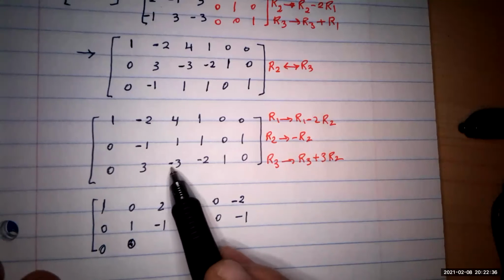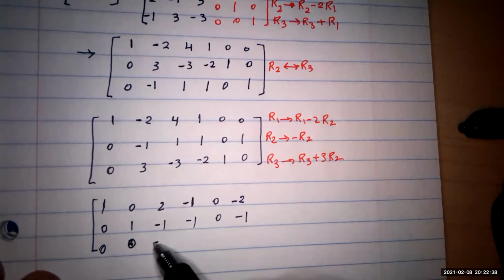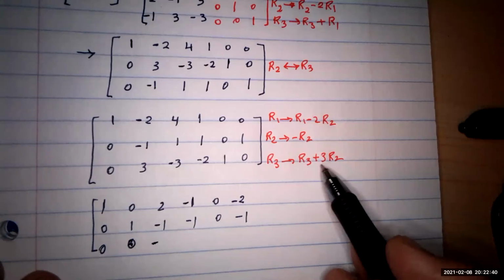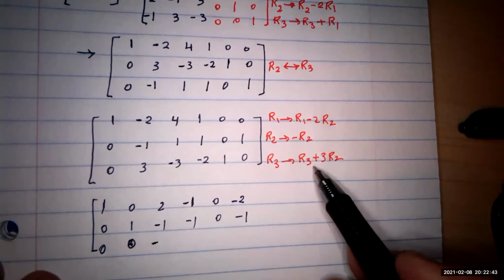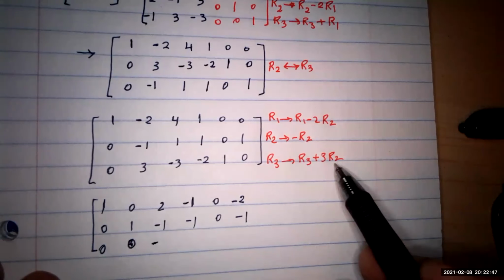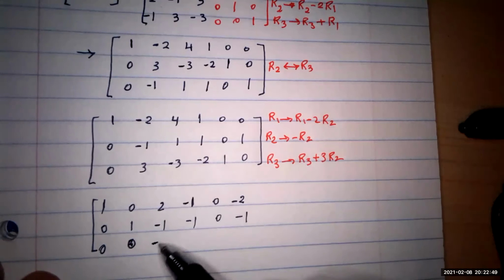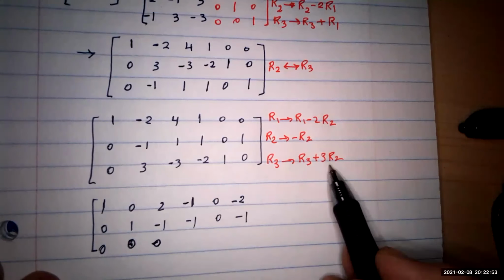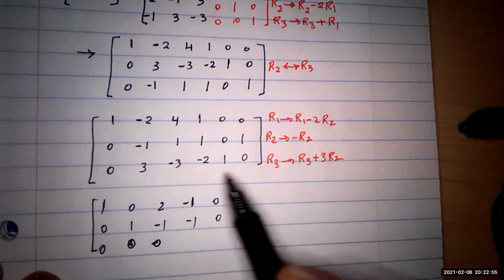3R2 makes it into the negative 9, so that's a negative. Okay, R3 plus 3R2. Okay, so 3R2, that would be 0 again. Okay, R3 minus 3R2.